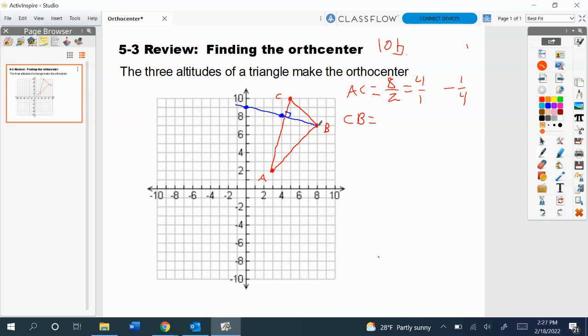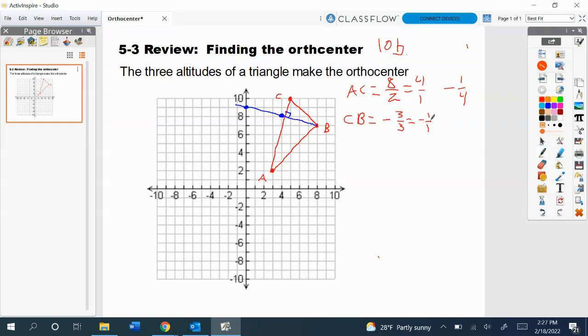This side is going in a negative direction because it's going to the left, so it's going to be a negative slope. To get from B to C, I'm going up 1, 2, 3 and over 1, 2, 3. Pretty simple slope, negative 3/3, which simplifies down to negative 1/1.